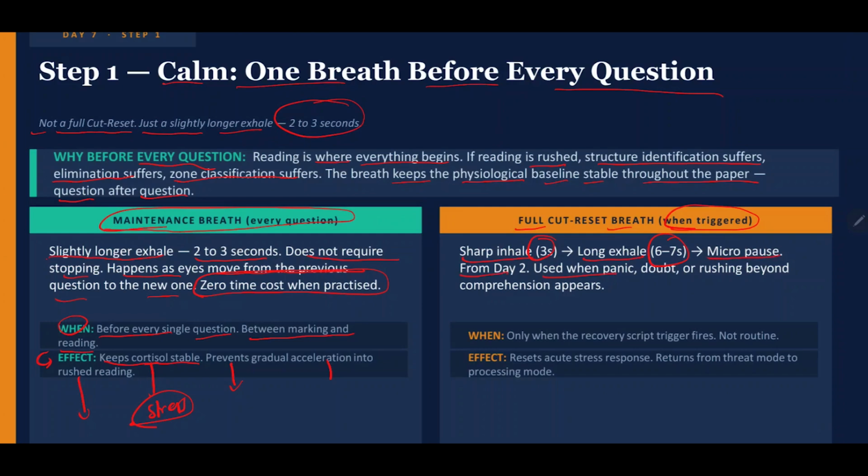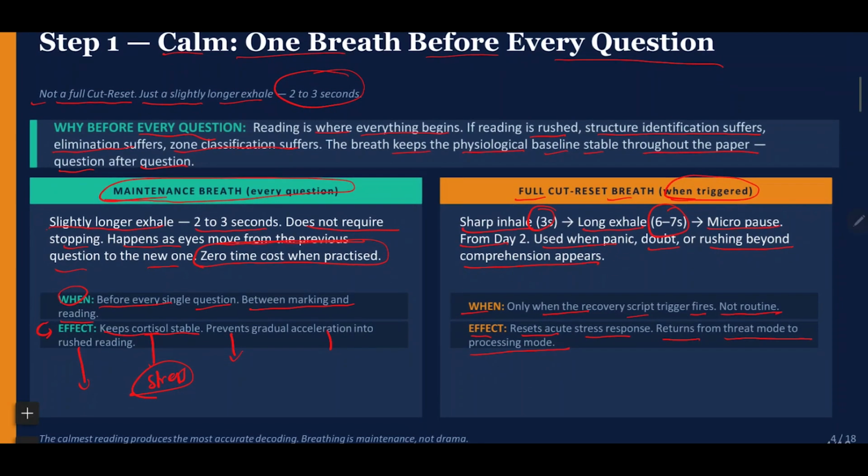Used when panic, doubt, or rushing beyond comprehension appears. Only when the recovery script trigger fires, not routine. The effect: it resets the acute stress response, returning you from threat mode to processing mode. The calmest reading produces the most accurate decoding. Breathing is maintenance, not drama. I hope you are getting my point.